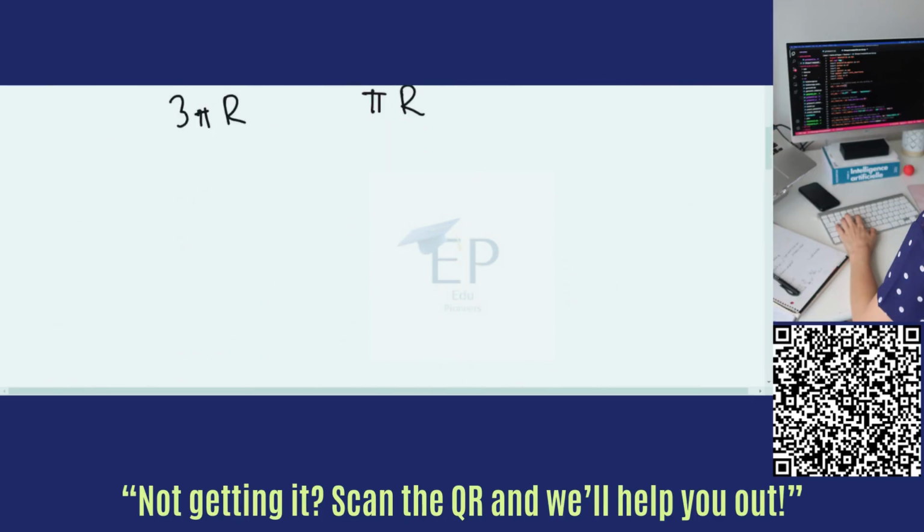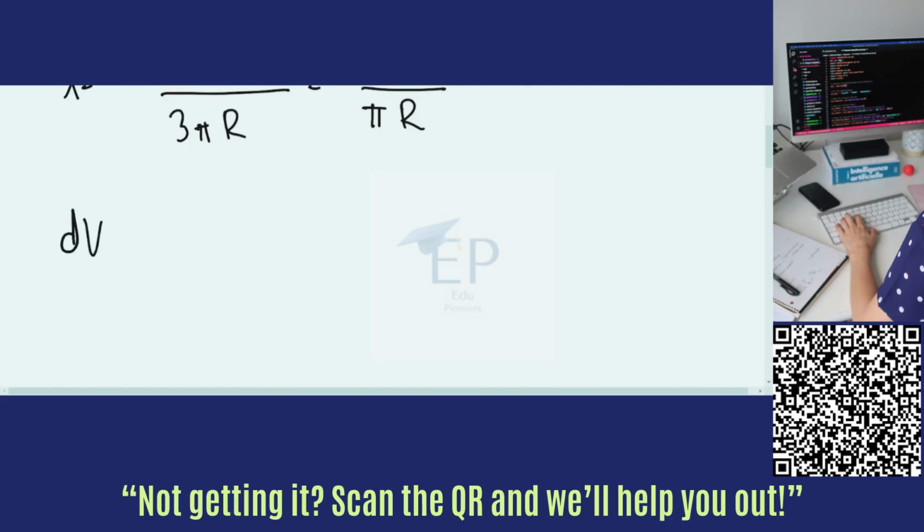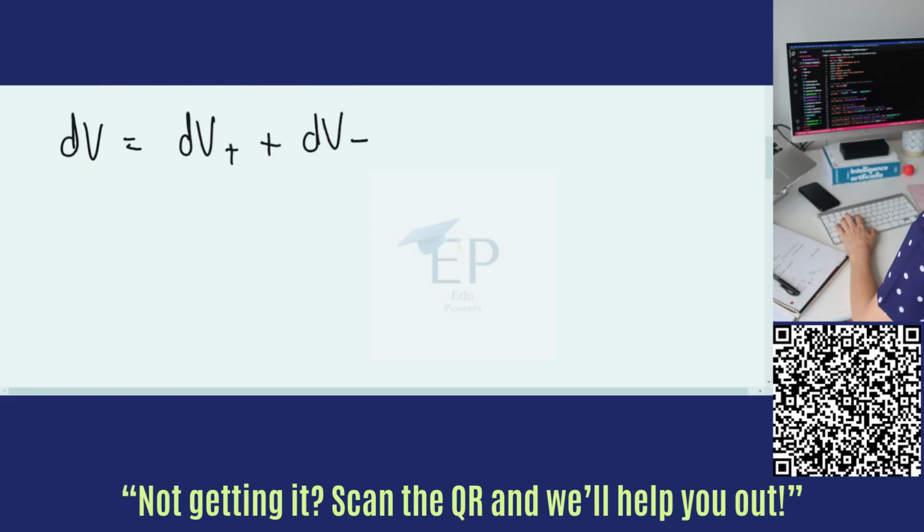So with this set, we can see that the differential in the potential is equal to the one created by the positive charge plus the one created by the negative charge. And when we integrate this, we are going to obtain the following. Let me just write in here the differential, what we obtain from here.